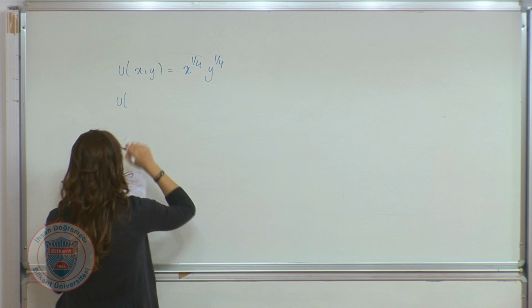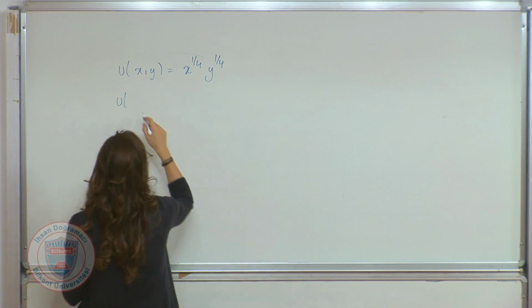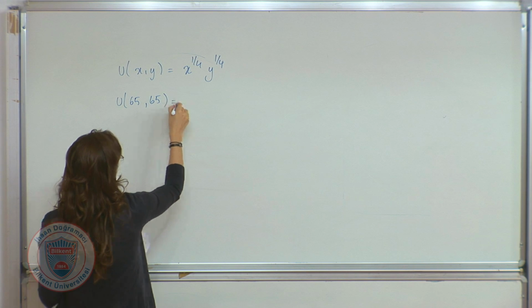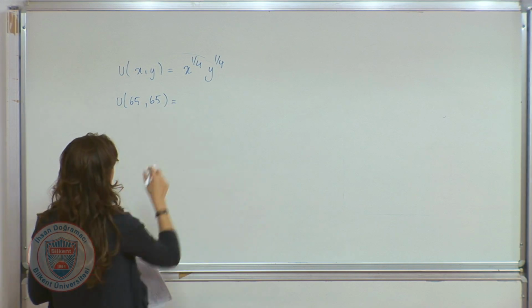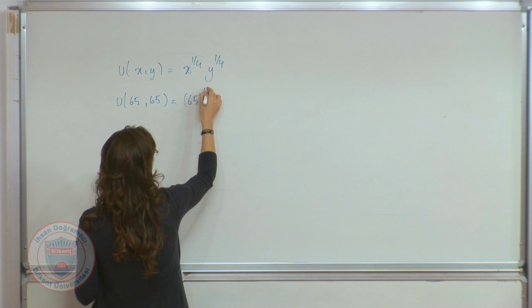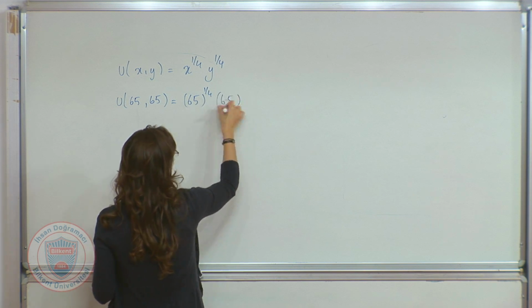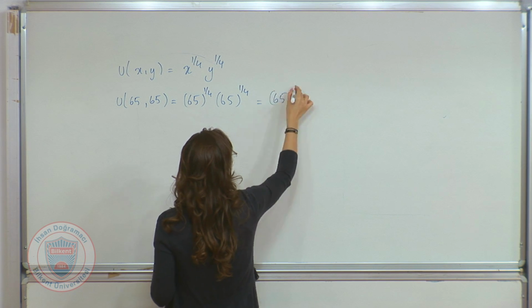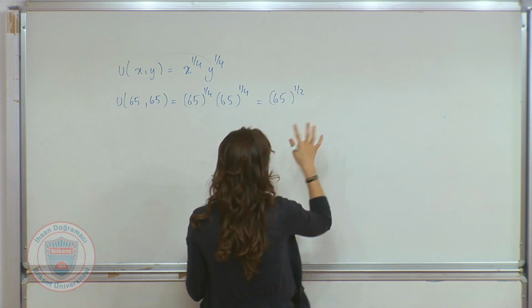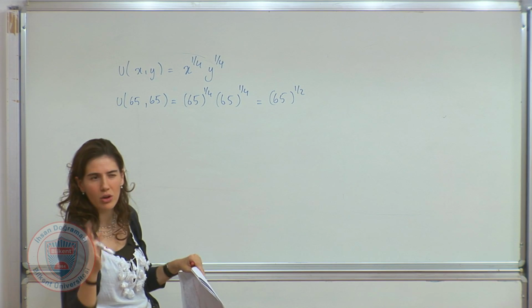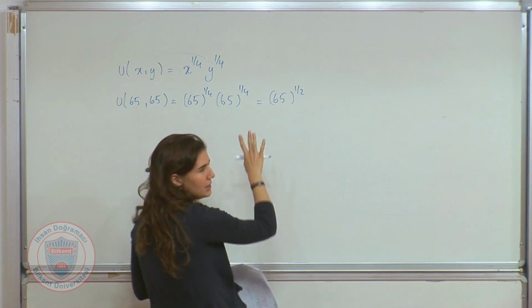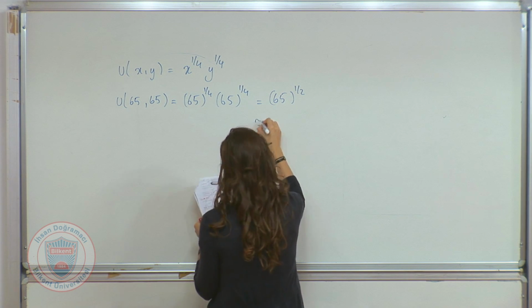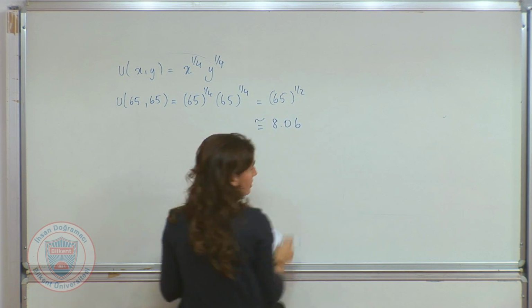And then we know that these other guys, so let's say utility of 65, 65, right? So this is going to be 65 to the power 1 over 4, 65 to the power 1 over 4, right? So this becomes 65 to the power 1 over 2. And we know that 64 is the square of 8. So this is a little bit larger than 8, right? So it's around this number, right?